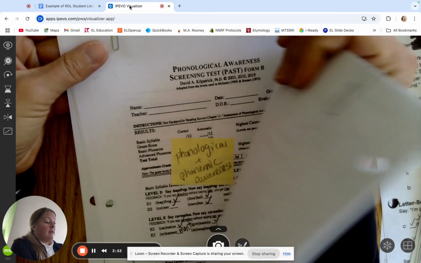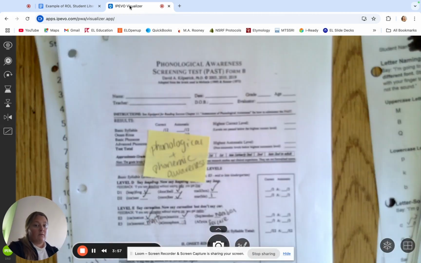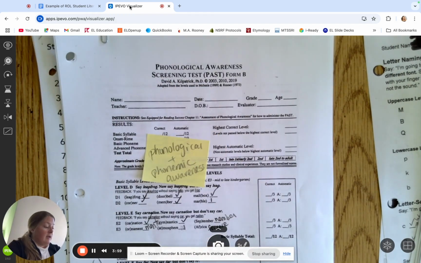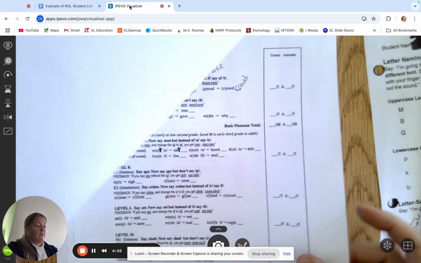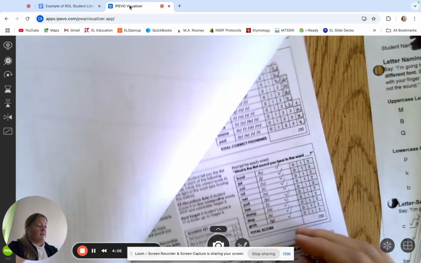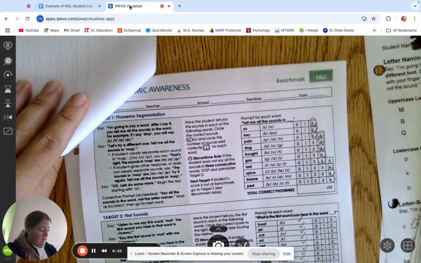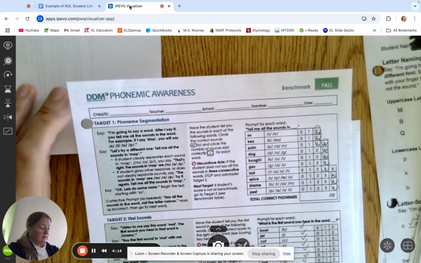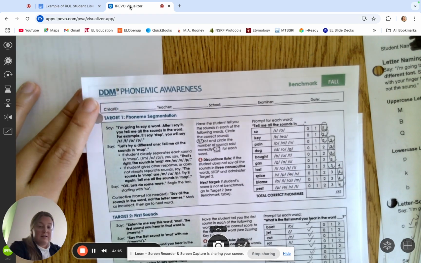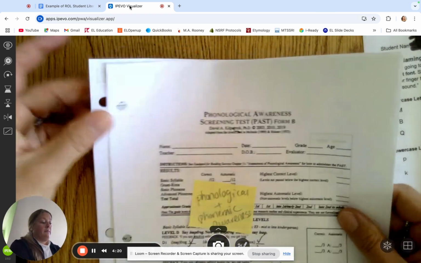I also gave Kilpatrick's PAST, the phonological awareness screening, because I wanted to see if the student was able to isolate sounds for phonemes and syllables. And I also gave this one, which is free as well, the DDM for phonemic awareness.